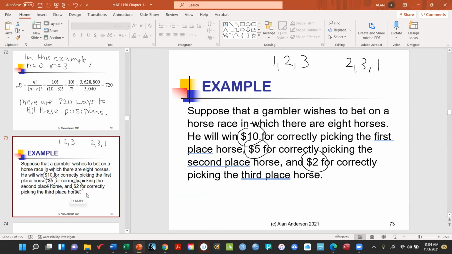Now, clearly, if you write that down on your betting slip, it's a very different outcome than writing 2, 3, 1, because in that second case, you're saying horse number 2 will win, horse number 3 will come in second, and horse number 1 will finish third. So each choice that you're making is a permutation because the order matters.